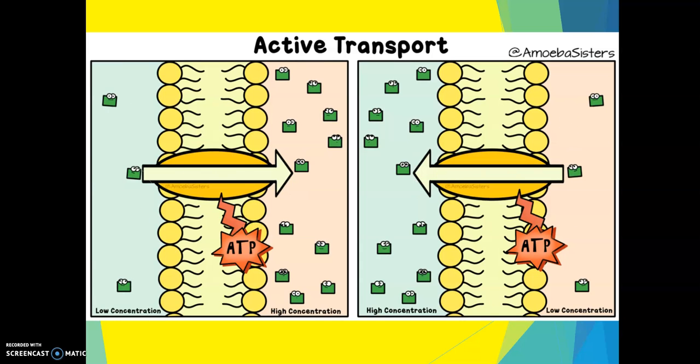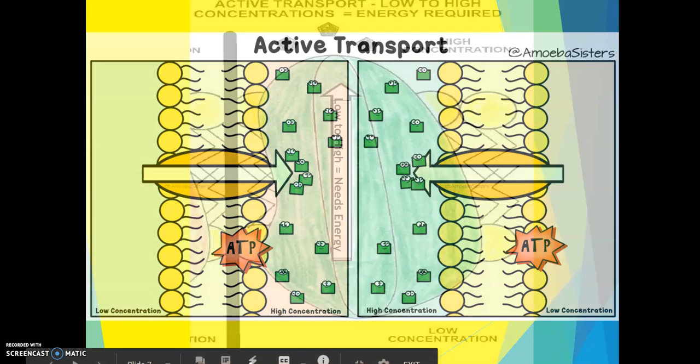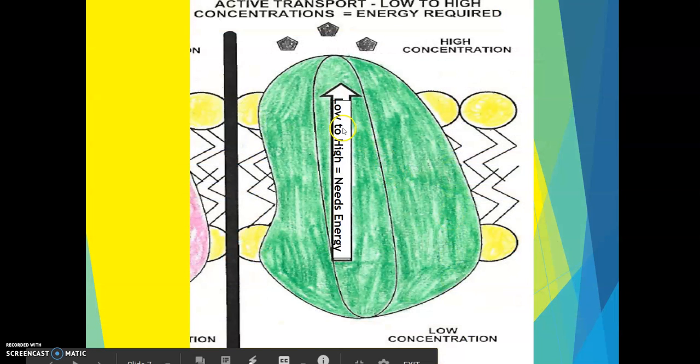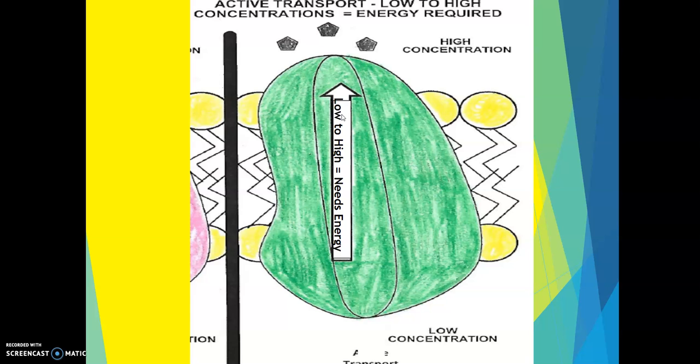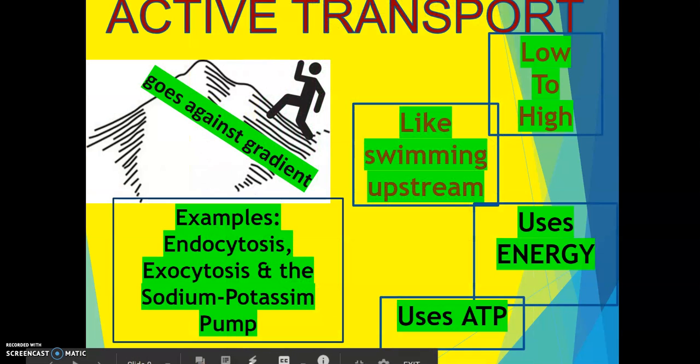And if you also notice, they're also going to need ATP, so they're going to need to use some energy to make that happen. Here we see the difference. One of the big differences is going from low concentration to high concentration and the requirement of energy. Two basic types are referred to as endocytosis and exocytosis.